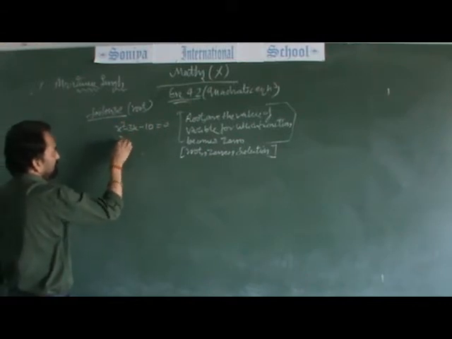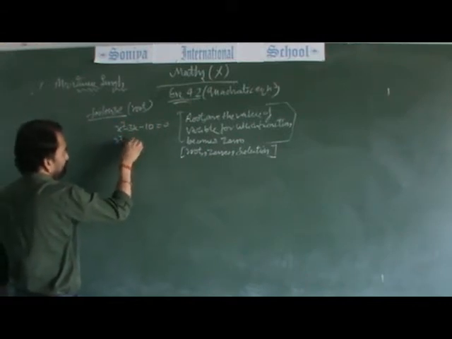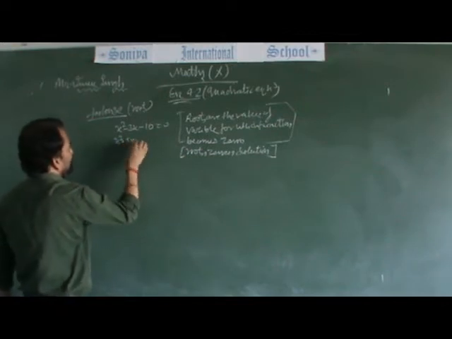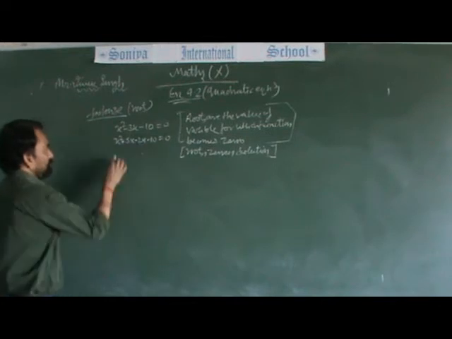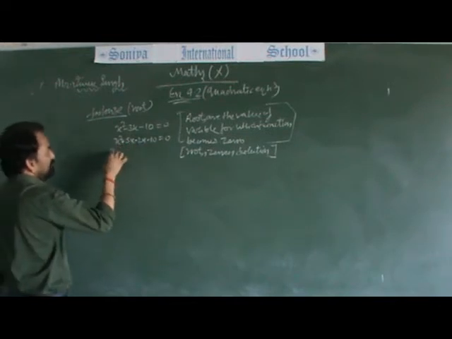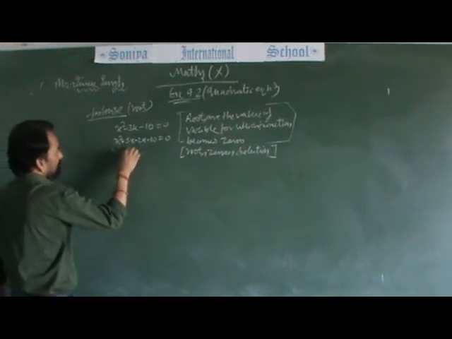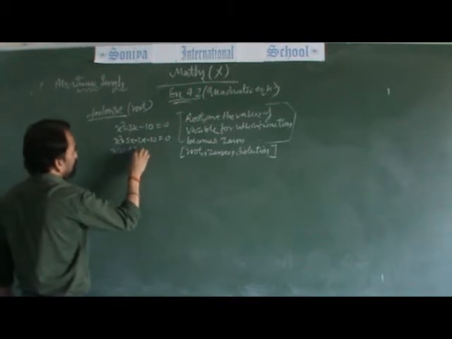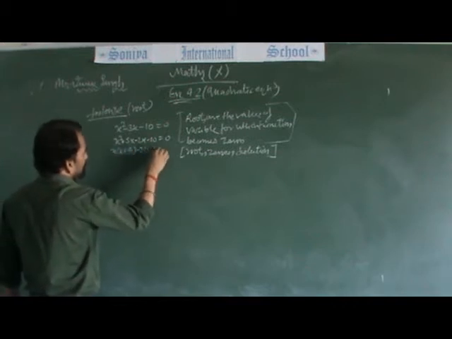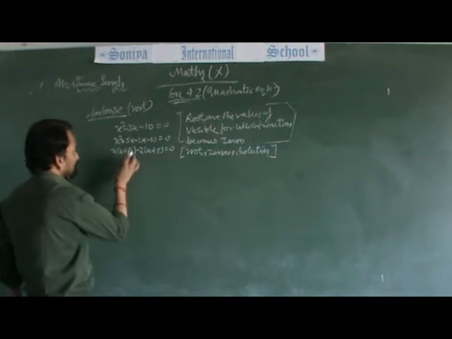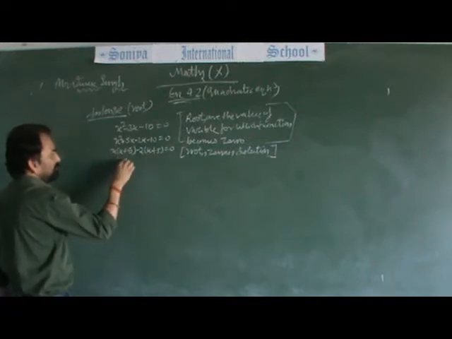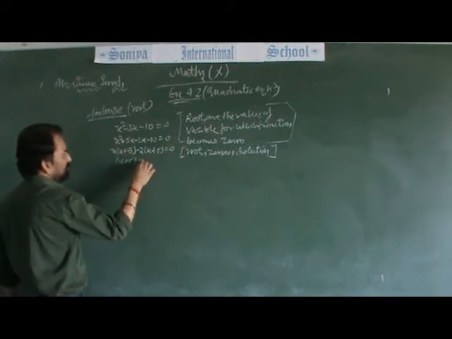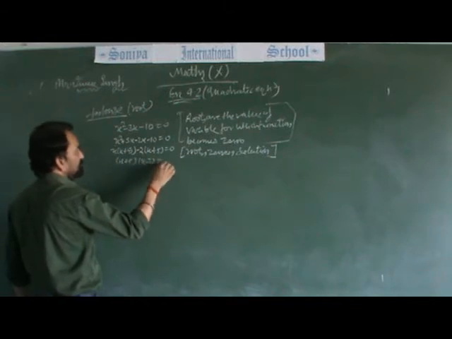So factorize it: x square plus 5x minus 2x minus 10 equals to 0. x is common in the first two terms, x plus 5. Minus 2 is common, again x plus 5. Now the bracket x plus 5 is common, and in the next bracket we get x minus 2.